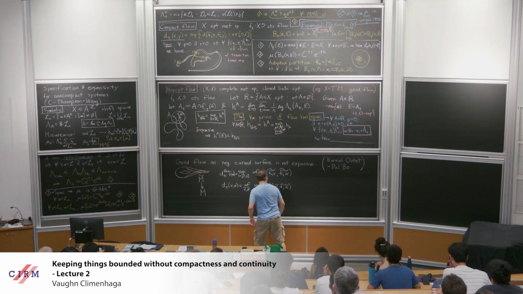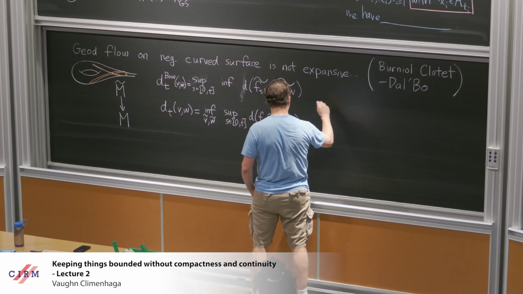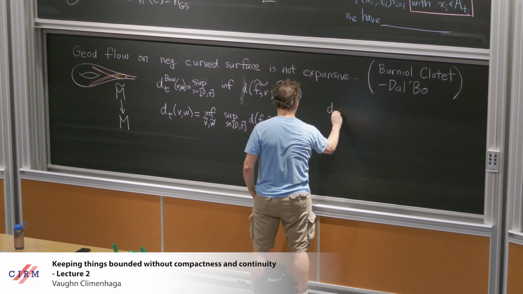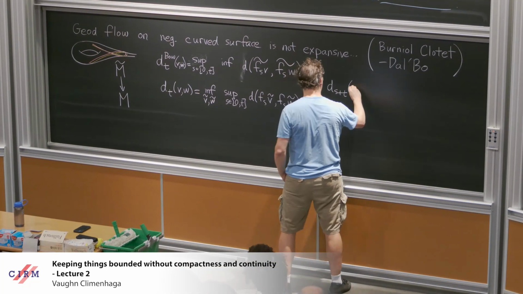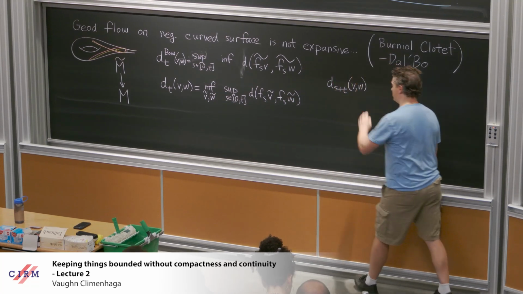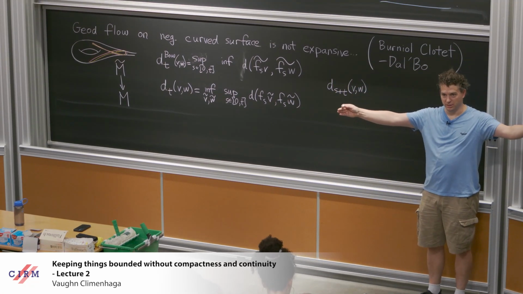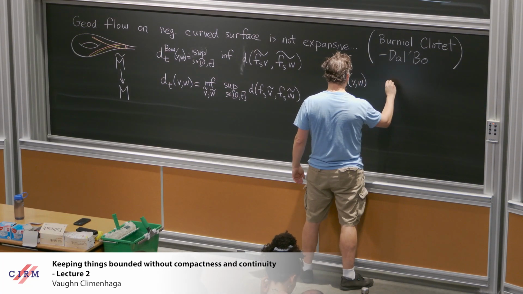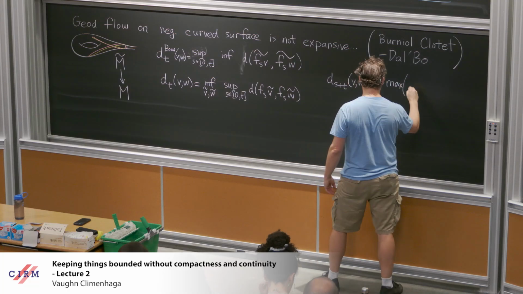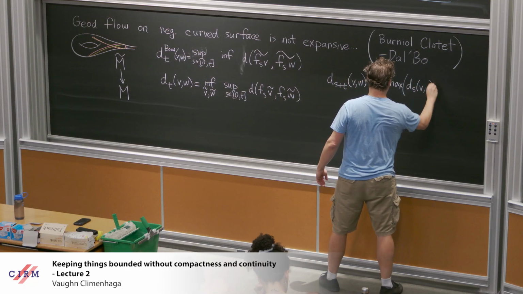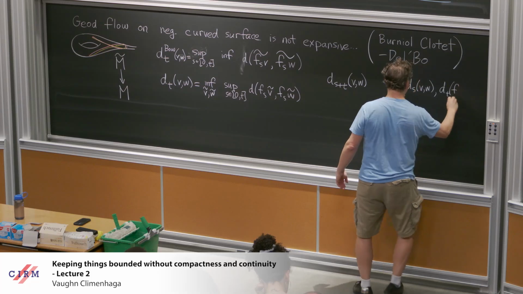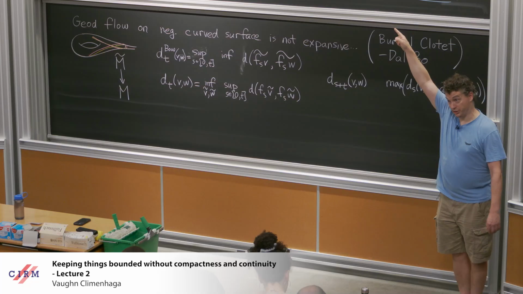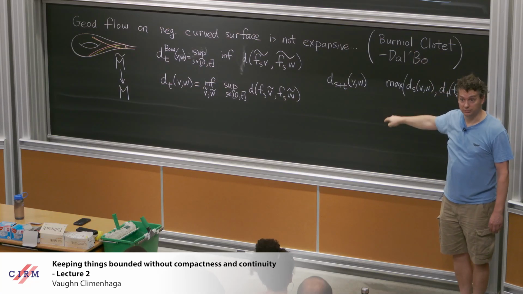So this family of metrics has the following property. If I take the distance at time s plus t between the corresponding orbit segments to v and w, and I compare this to the maximum of the distance through time s and the distance in the second part, for Bowen's definition, these are always going to be equal.